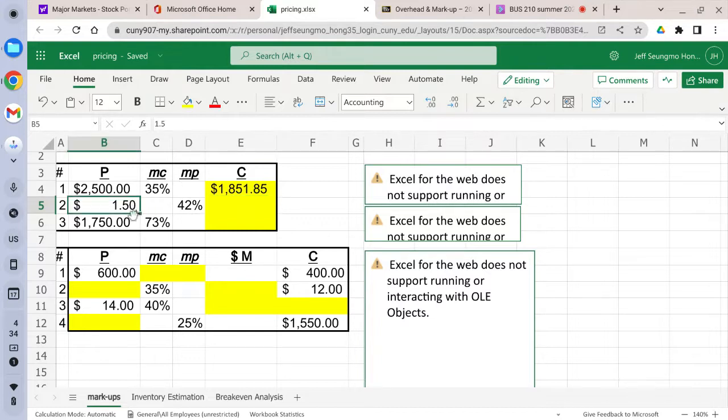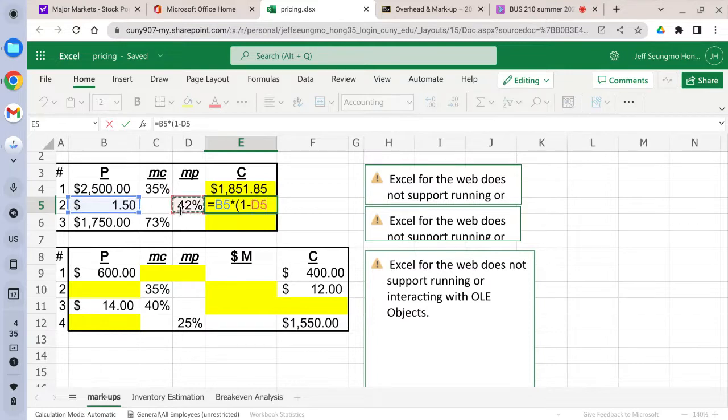Now, the second example, price is $1.50 and the markup rate is based on selling price. Then what's the formula? It's not even the formula. If you think logically, this is the only way it can be, right? And there you go.